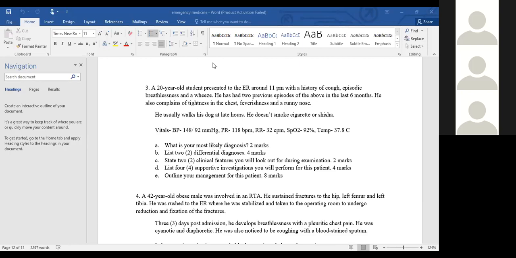Mind you, diagnosing asthma is a case of clinical judgment. You don't wait for investigations to say a patient has asthma, unlike doing a head CT scan, finding an infarct and saying you have an infarctive stroke. When you listen to the history, examine the patient and listen to the chest, it's enough to make a diagnosis of asthma.